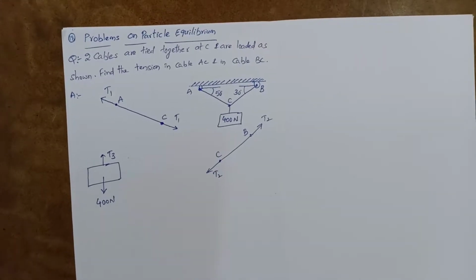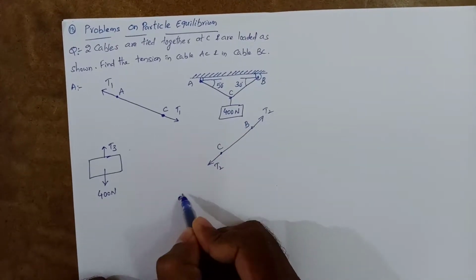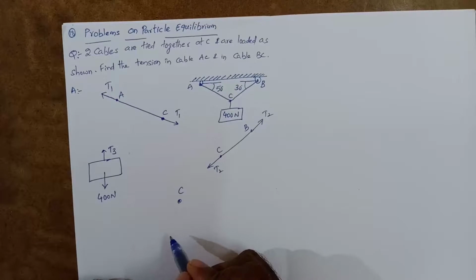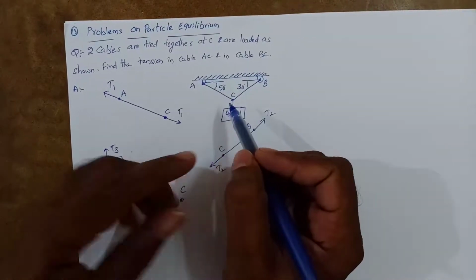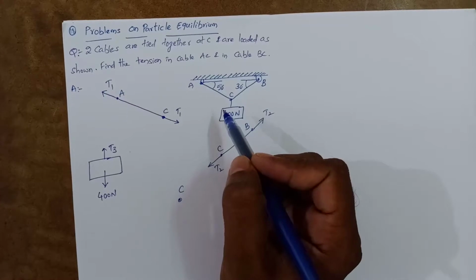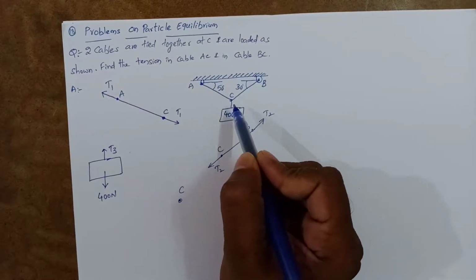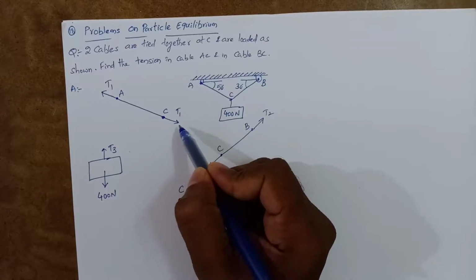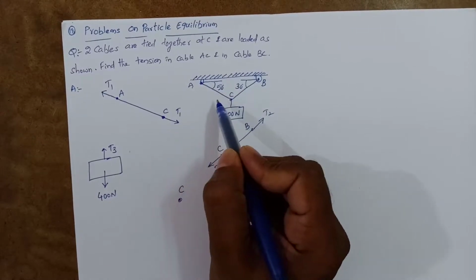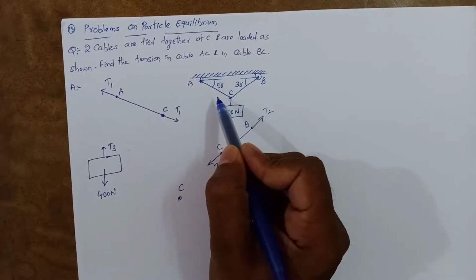Now coming to point C, let us draw the free body diagram for point C. Here is the C. See, from Newton's third law, for every action there exists an equal and opposite reaction. As this cable AC is pulled by point C in this direction, at the same time cable AC also pulls this point C in the opposite direction according to Newton's third law.